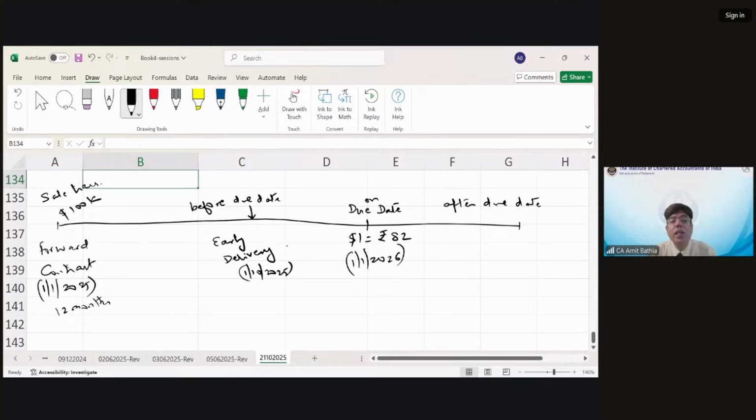So I am essentially trying to close this contract, but the bank has a particular exposure. Based on this, they might have entered into another exposure, right? Which is they will purchase $100,000 from me and probably they will sell it to somebody else. So they will essentially have to obtain another contract for these 2 months, right? So this early delivery also means there is early cancellation of this contract, right?